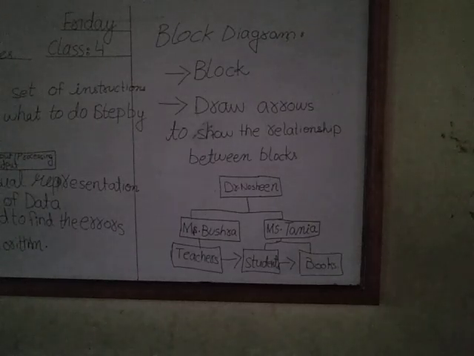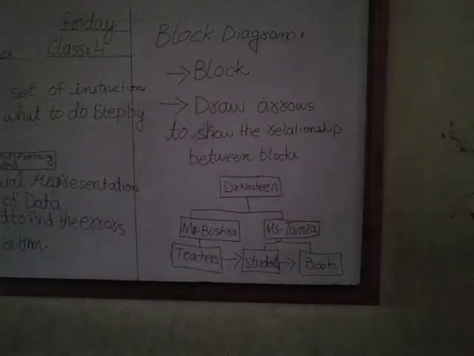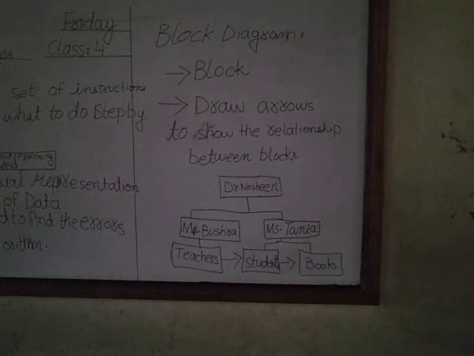Draw a block for your grandmother or grandfather and link it with your mother and father. Then draw blocks and link them with your brothers and sisters. Your homework is on page number 58.